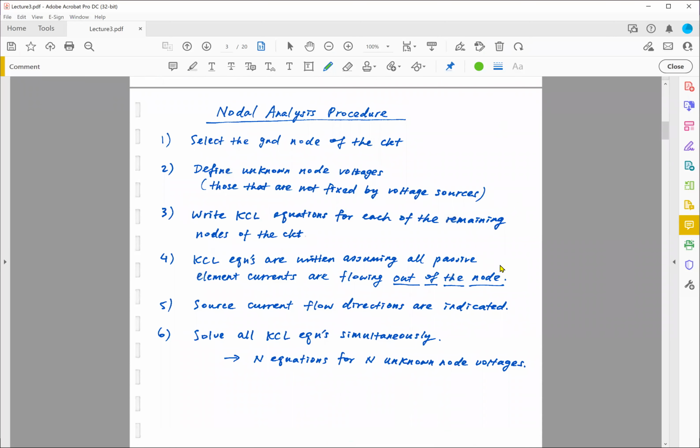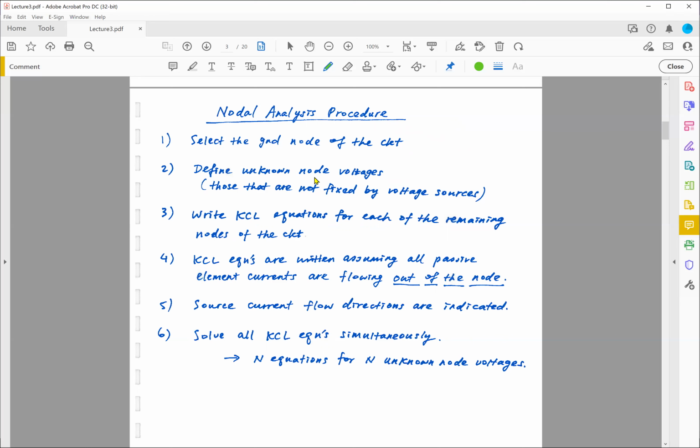Let me first walk you through the procedure on how to use this technique. So number one, you will have to select the ground node of the circuit. And I'll show you how you can identify the ground node in the examples given later. Number two, you're going to define the unknown node voltages. And those are the ones that you're interested in.